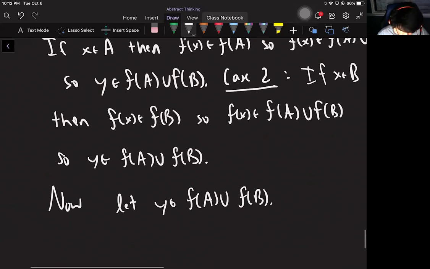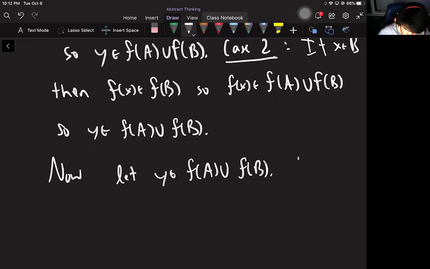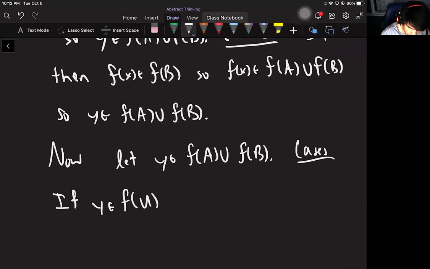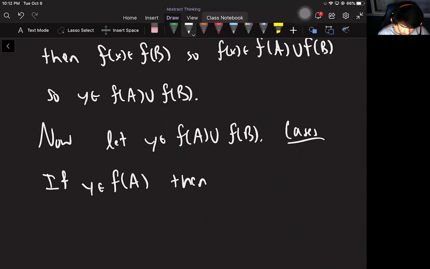But it's going to work just the same. It's going to be proof by cases. So the first case is, because it's in a union, if it's in the first one, something will happen. Oops, A. So what will happen? Well, what does it mean to be in an image?